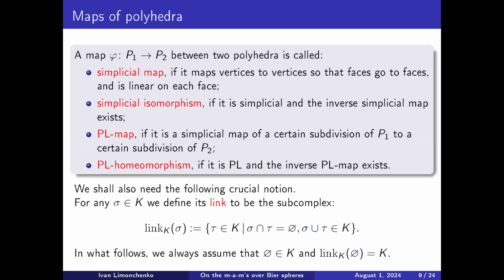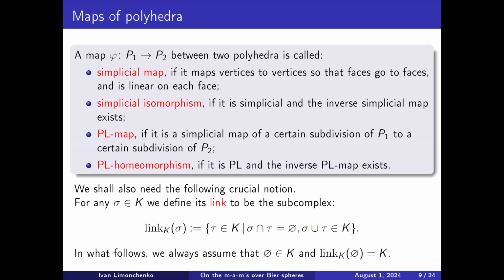And a simplicial isomorphism, as we know from category theory, is just a simplicial map such that the inverse simplicial map exists in this category. A PL map is a simplicial map from a certain subdivision of P1 to a certain subdivision of P2.